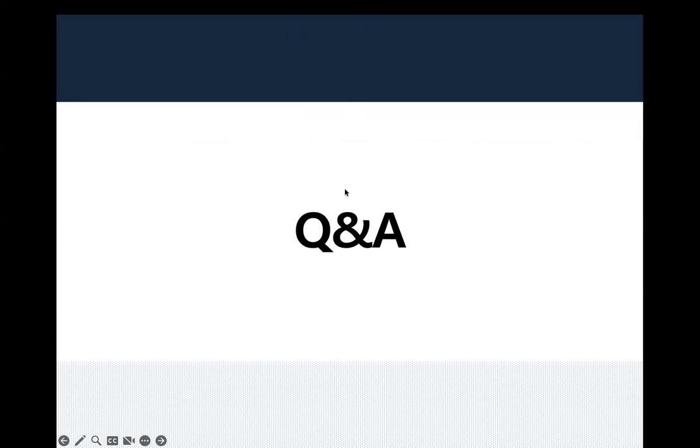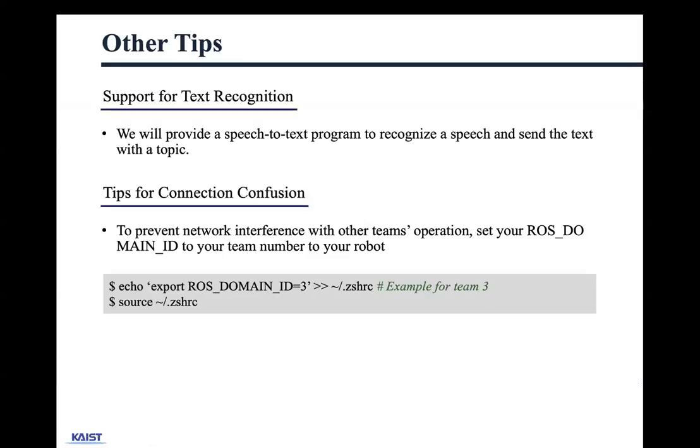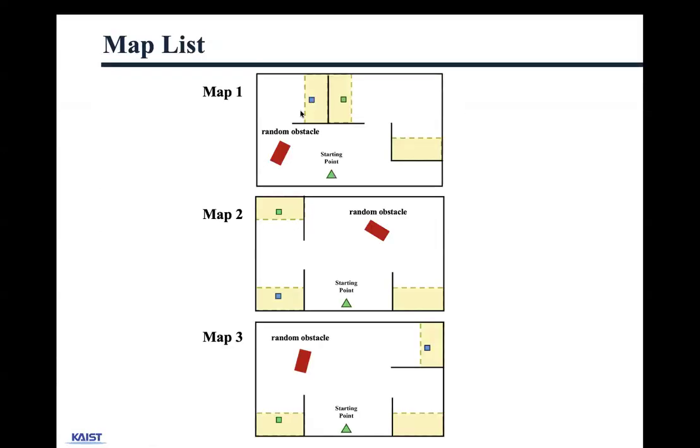Hello. I want to ask a question. Do we have the maps, like some example maps, prior to the final demo day, or are we only allowed to see the map and the tasks on the final day?